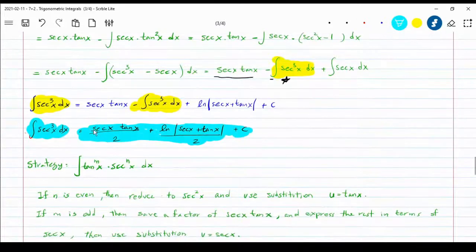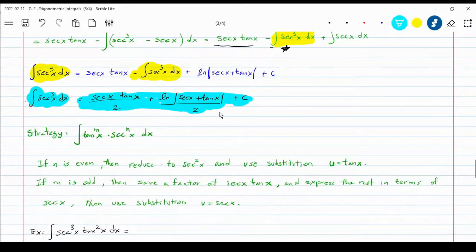strategy behind this combination of tangent and secant. If you have tangent multiplied by secant, you look at the powers, m and n. If the power corresponding to secant is even, that means it's going to be a derivative of tangent at some point.